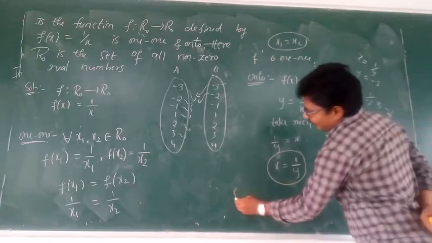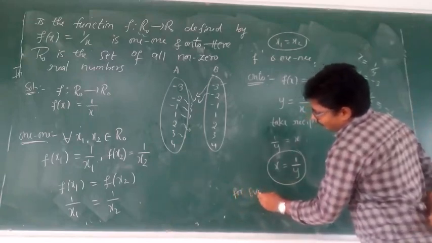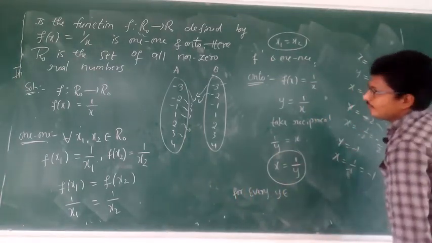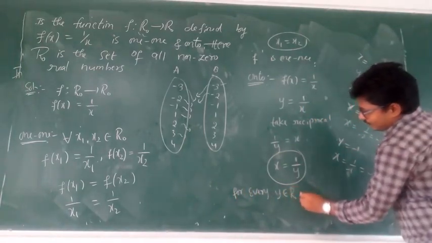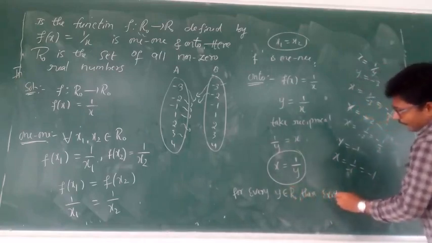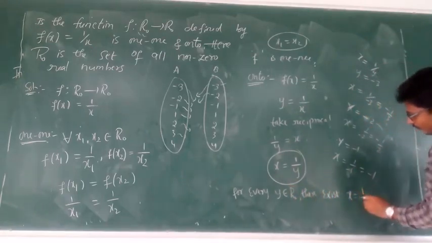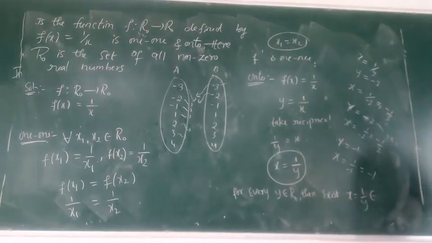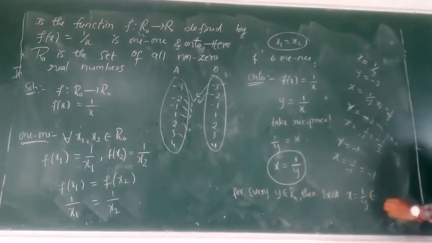So give the reason: for every y belongs to R naught, there exists x is equal to 1 by y belongs to the first set, R naught.